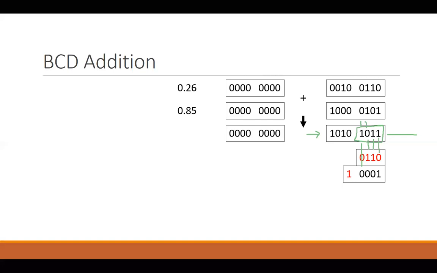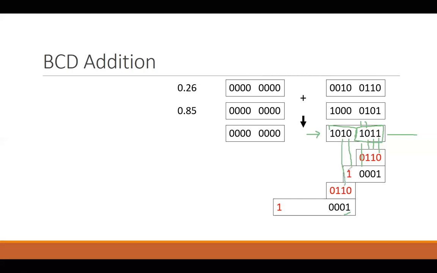Now we have the carry forward and we are going to again add the correction nibble to the next nibble. Now this one. But remember to add the carry as well. So this 0 and this carry 1 and this 0, all of these are going to be added. The answer is going to actually be this. So 0, 1 and 0 is 1. This 1 and this 1 is 2.